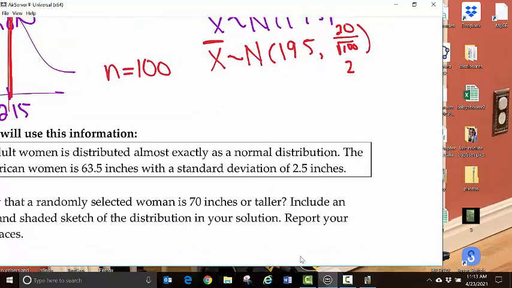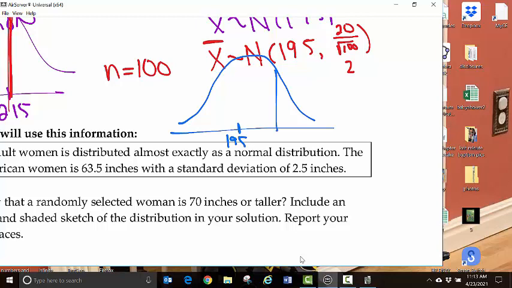So if we were going to draw the picture now, it's still normal, still centered at 195, but 68% of all samples would fall between 193 and 197.